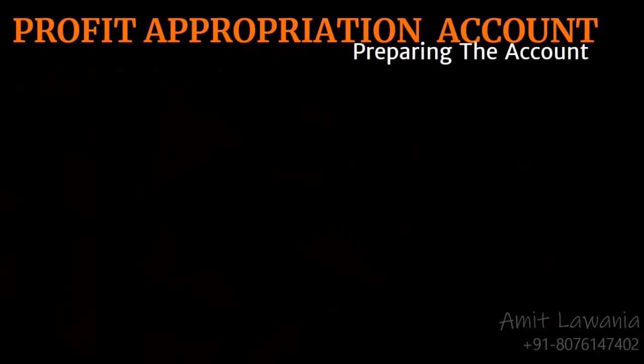Now, preparing a profit appropriation account can be a lengthy affair, and various teachers may have different approaches for it. But I personally like to follow the method of 4 boxes that reduces the probability of making a mistake.